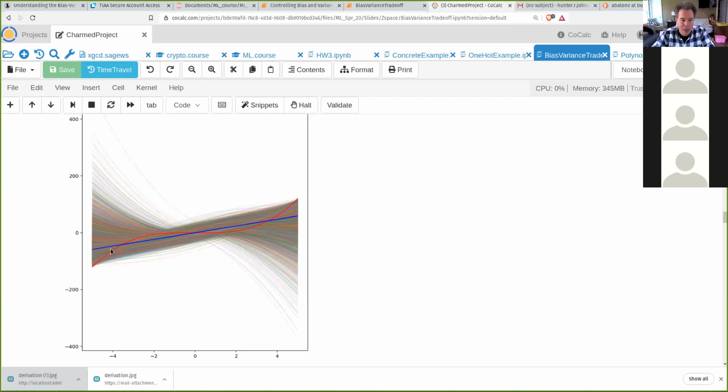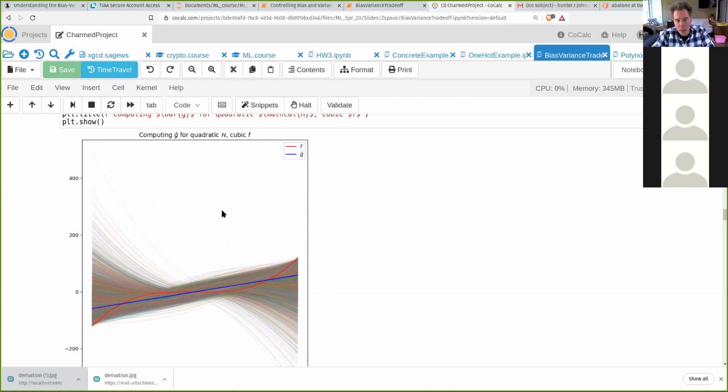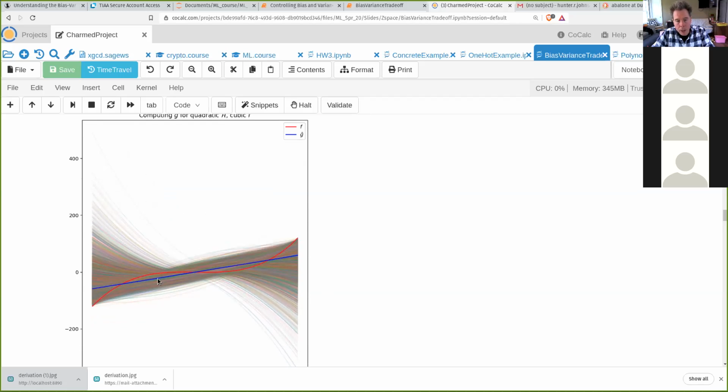But when you average it, it still averages out to a line, which is kind of funny, that G bar is a line when the hypothesis space is all parabolas. So here again, the bias is the difference between the red and the blue curve, and the variance is how different the fuzz is from the blue curve.